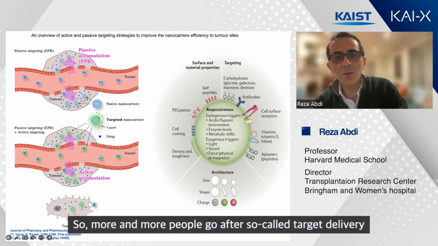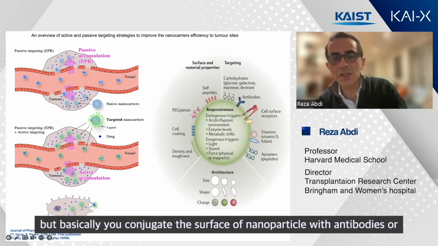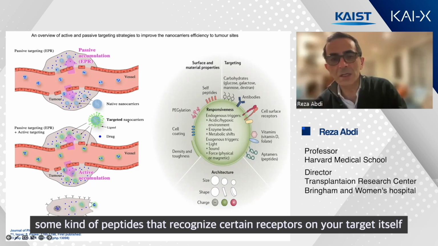So more and more people go after so-called targeted delivery, where you conjugate the surface of the nanoparticle with antibodies or some kind of peptides that recognize certain receptors on your targeted cells.